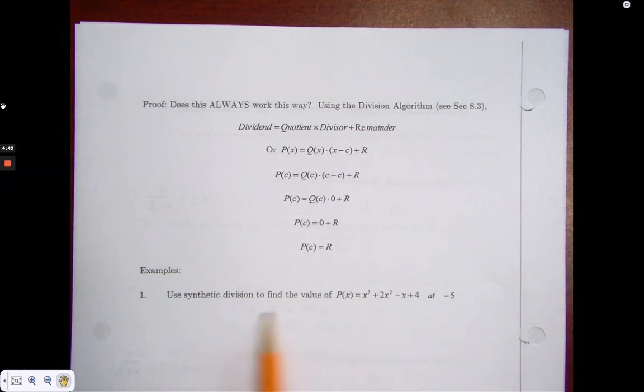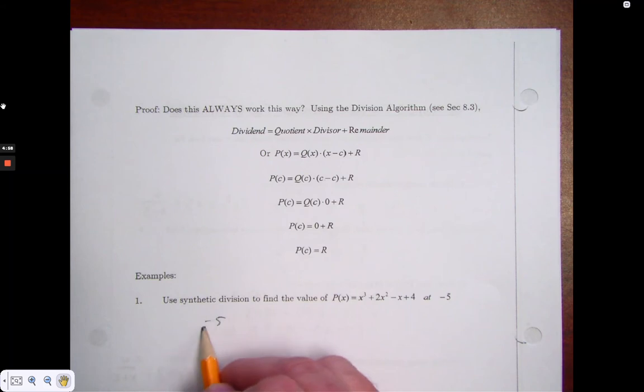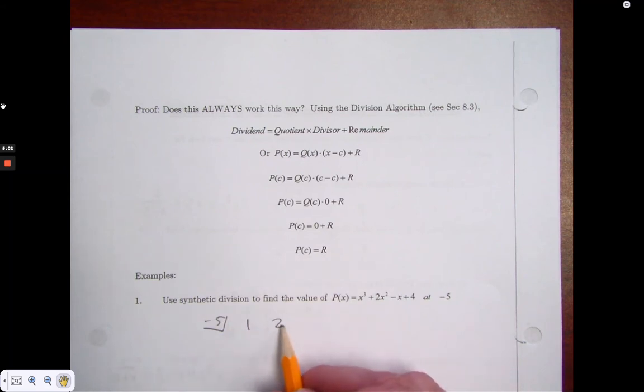Now it says use synthetic division to find the value. Again, we're going to just put this value in to figure out what that would be. -5 is what we're entering in, so that's going to be our index. Then our coefficients are going to be 1, 2, -1, and 4.